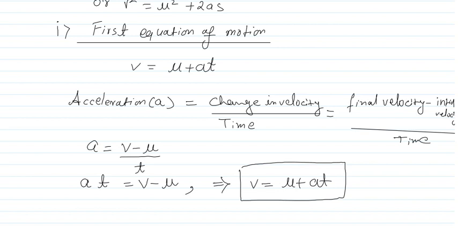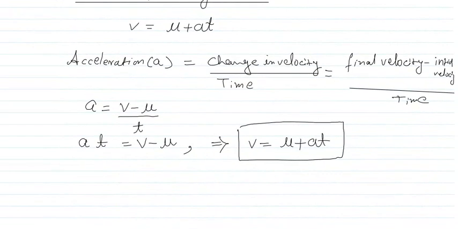So this equation becomes v equal to u plus at. That's just a plus sign. So it is v equal to u plus at. And this equation gives us the velocity of that body in time t.